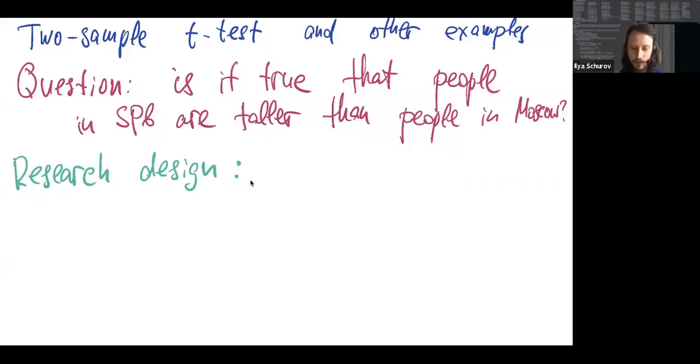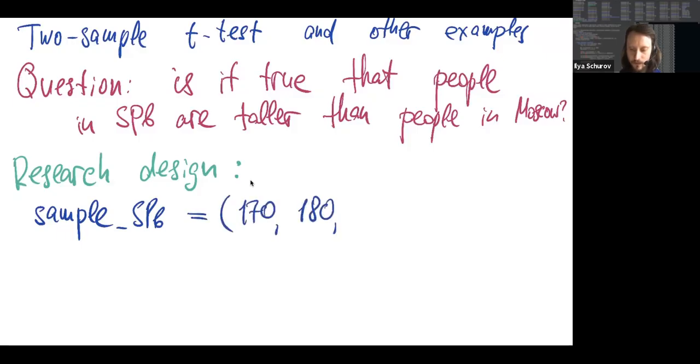We can consider two samples. We can consider sample, for example, sample SPB, and this sample contains heights of randomly selected people from St. Petersburg. So, for example, we have some values here, something like this.